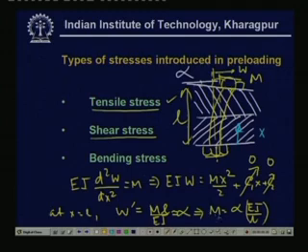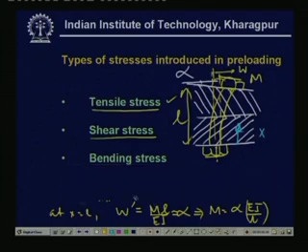Definitely what we see here is that because of this bending, a bending moment is developed, and this bending moment causes a bending stress. The bending stress again is given by the famous formula, that is sigma bending is My by I. So, a bending stress will be developed when we have misaligned surfaces.